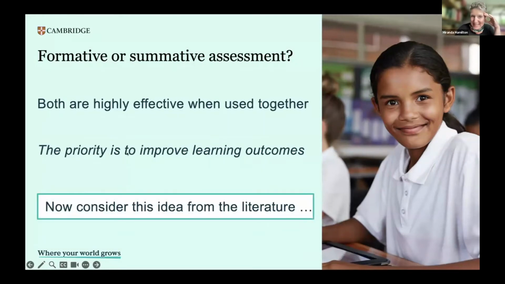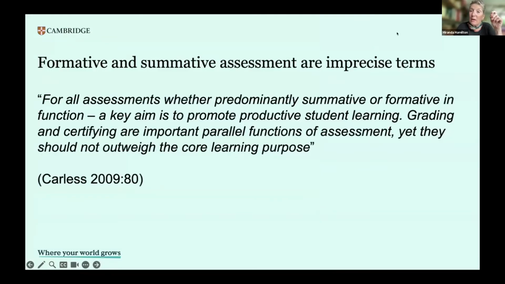So I've got a little idea from the literature, and I really like this idea because I think it brings it all together. David Carless says that formative and summative assessment aren't quite the right terms. They're not very accurate. They're imprecise. They don't capture what they really deliver.